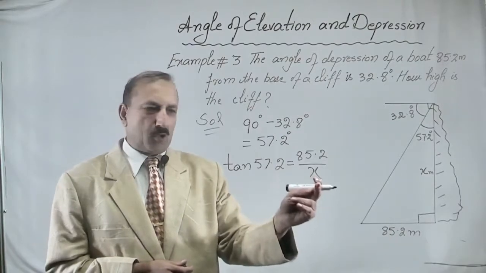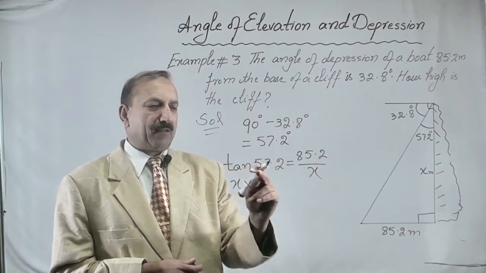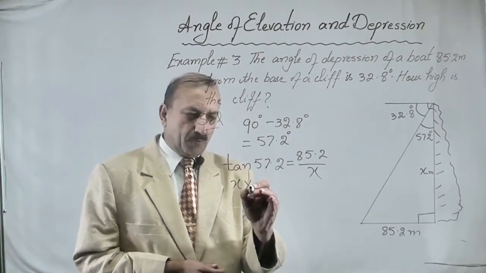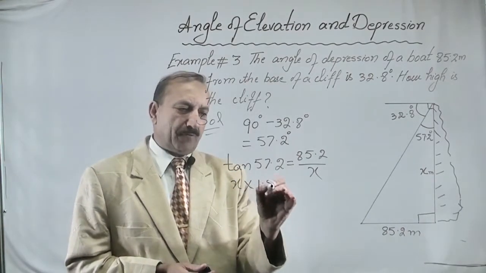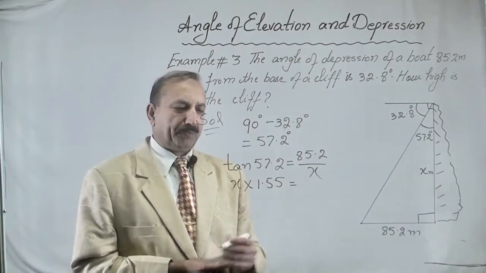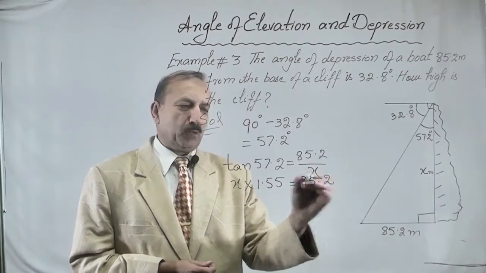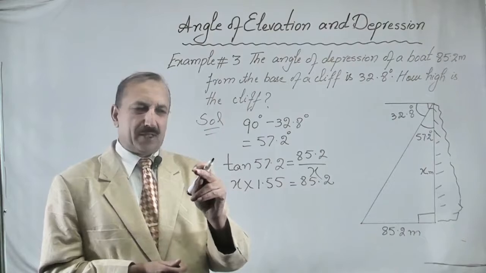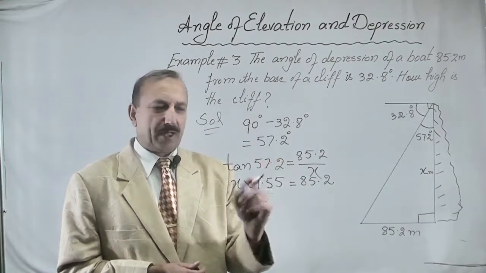Let's cross multiply here, x into the value of tangent of 57.2. Tangent of 57.2 is 1.55. This is equal to 85.2, because I have cross multiplied x on this side and found the value of tangent of 57.2 by calculator.